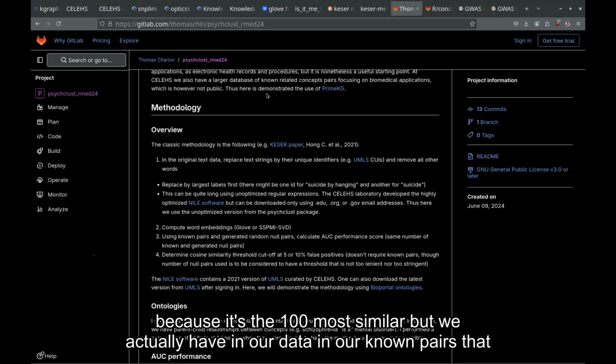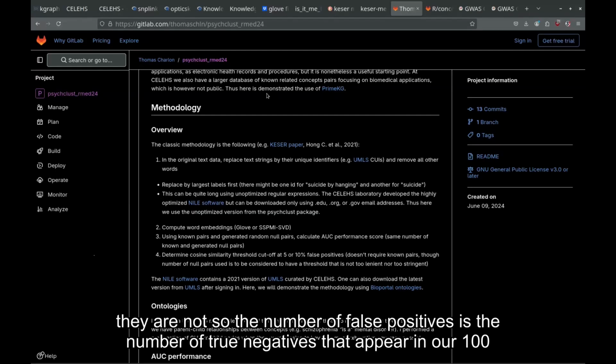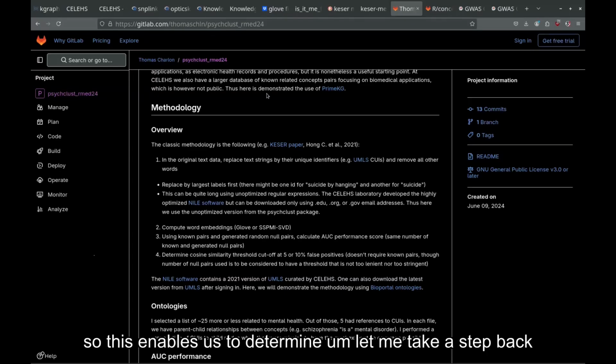But we actually have in our data, in our known pairs, that they are not related. So the number of false positives is the number of true negatives that appear in our 100.